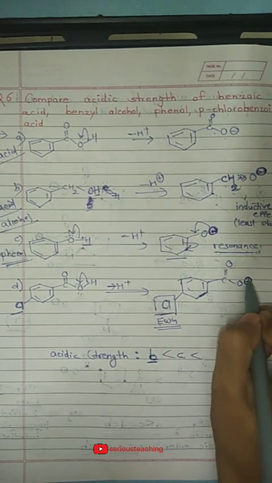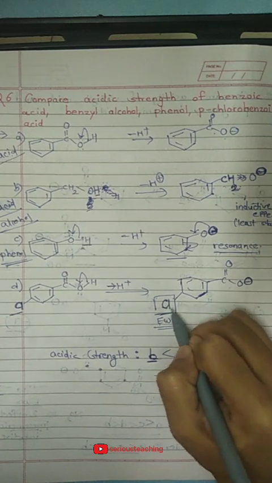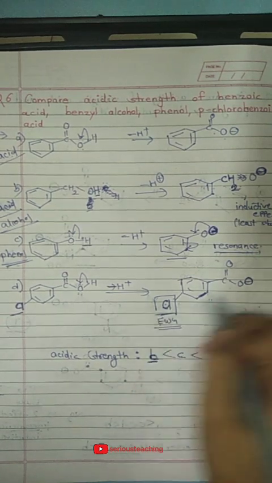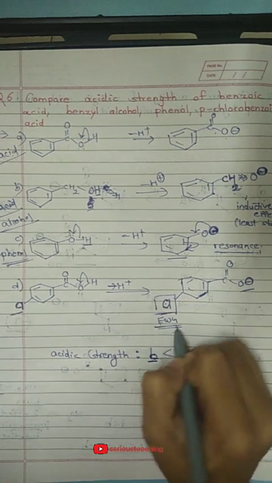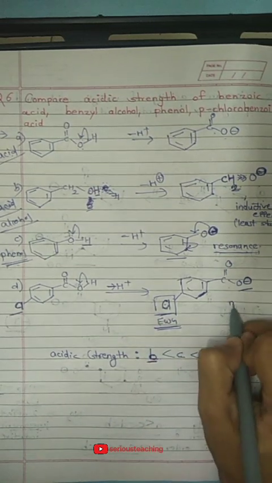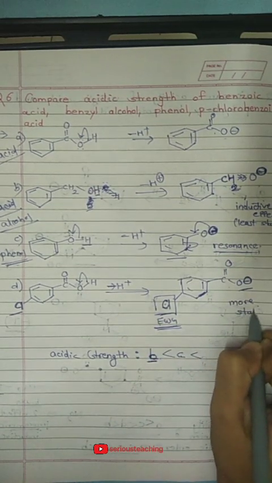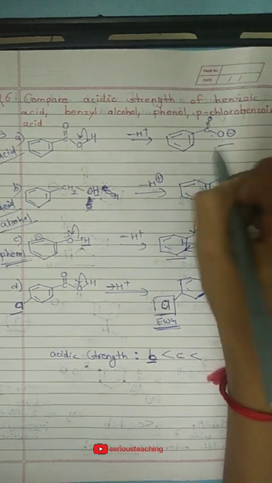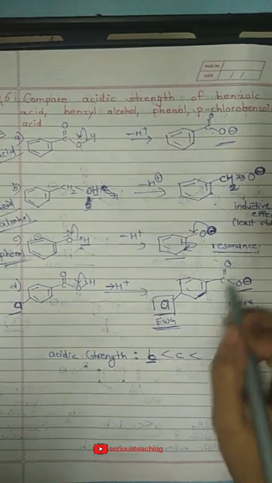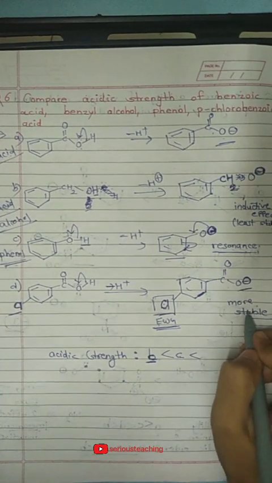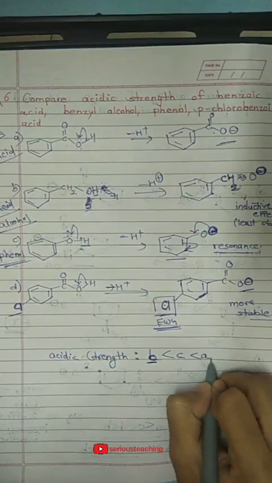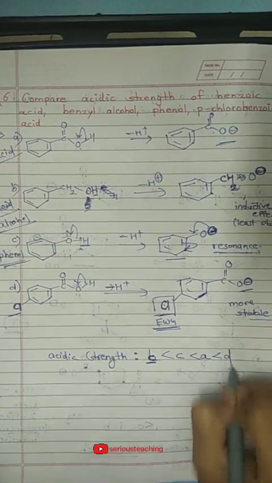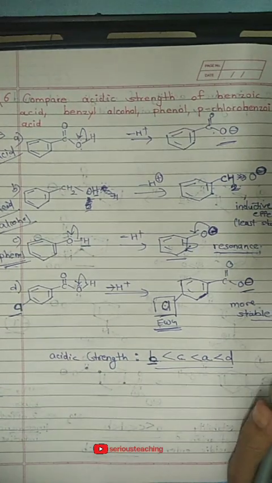Therefore, in this case, this negative charge will be stabilized by this, because this chlorine will pull electron density, making this anion stable. So here this effect is possible. Therefore, this anion will be more stable as compared to this anion. Therefore, as this is a more stable anion, that means it is more acidic. So when we compare A and B, A will be less acidic than B. So this will be the final order of acidic strength.